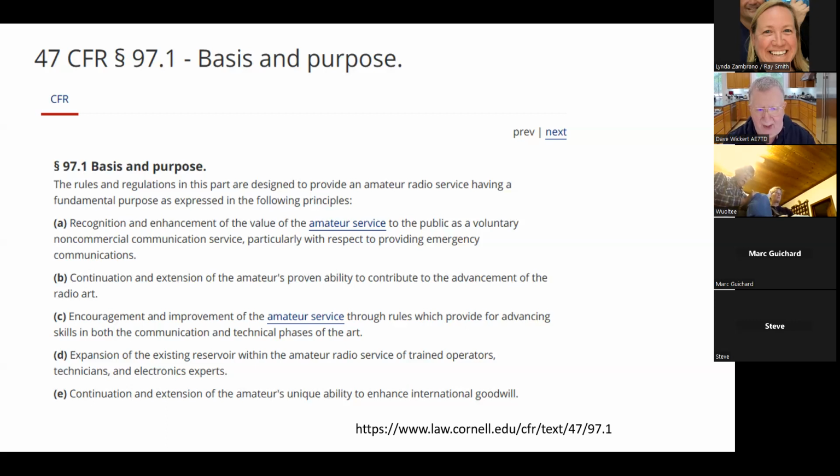And the last is a very interesting characteristic of amateur radio. Because radio waves do not behave and are not under the control of our political infrastructure, amateur radio operators have a long, long history of international goodwill.